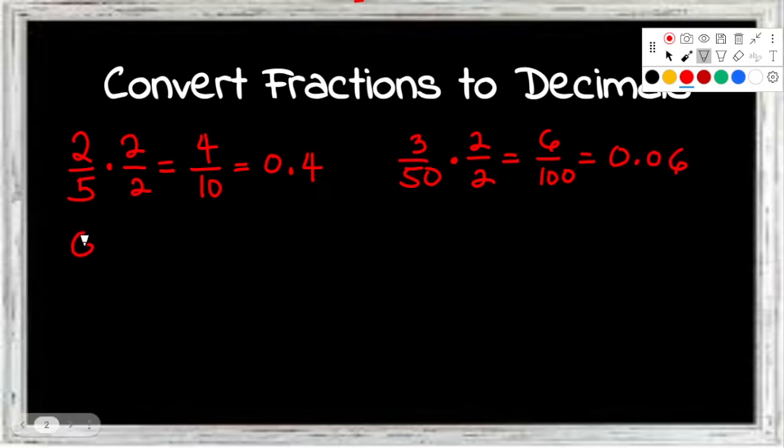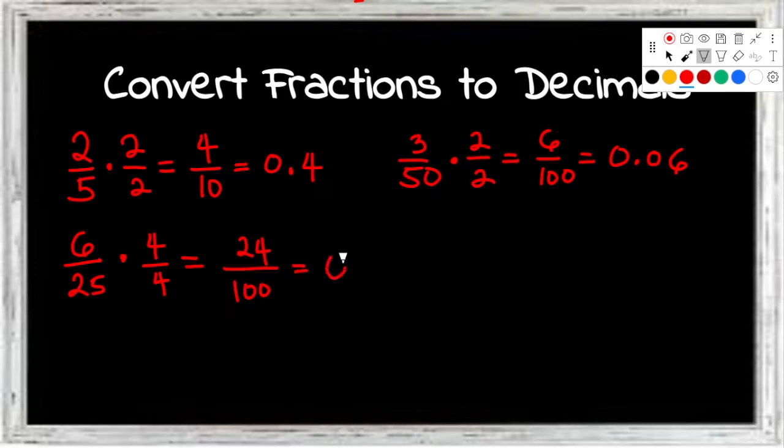Next, 6 by 25. Is it possible to turn it to 100? Yes, by multiplying numerator and denominator by 4. 6 times 4 is 24. 25 times 4 is 100. So this is 24 hundredths, meaning this is 0.24.